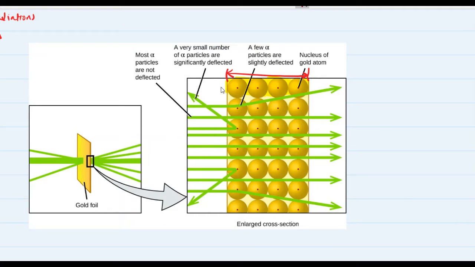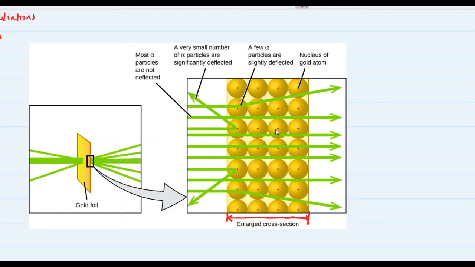A millionth of a centimeter thick gold foil, when zoomed in, can be imagined to be like this.